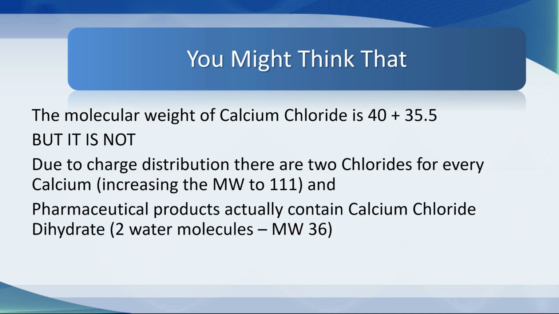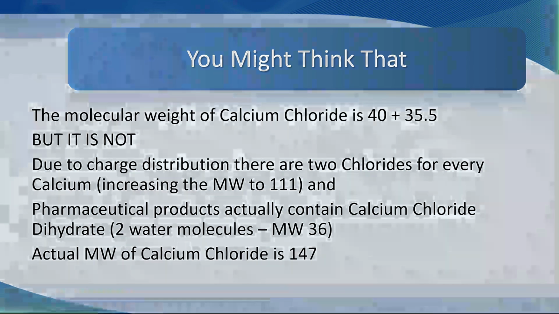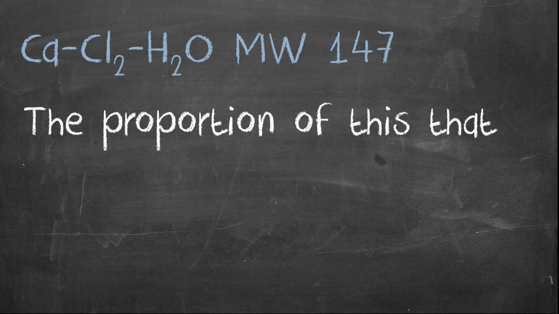But pharmacological products contain calcium chloride dihydrate, so there are 2 water molecules, and that adds a molecular mass of 36 to the whole lot. So you add 36 to 111, and the actual molecular mass of calcium chloride is 147. So calcium chloride dihydrate, molecular mass 147.